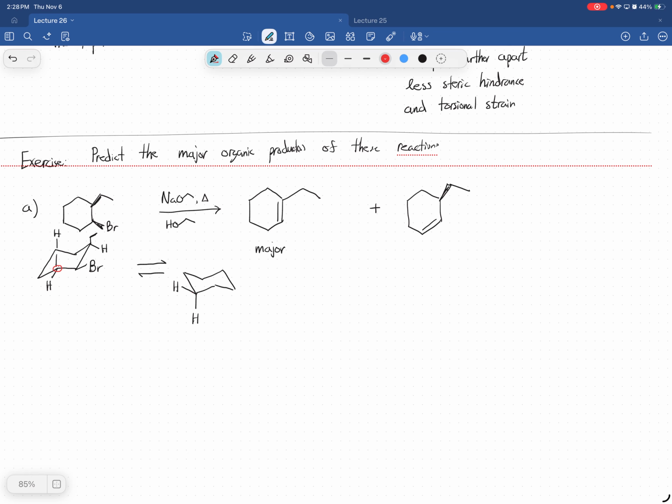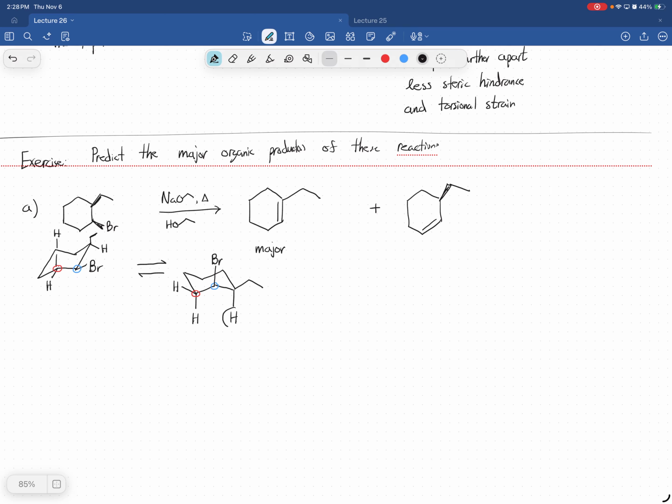This one goes right here. And then, where's the bromine going to be? Well, the bromine was at this end, so now it's right here. So we're going to draw the bromine coming upward. And then the ethyl group was on the end, so it's still going to be on the end, but like this now, okay?